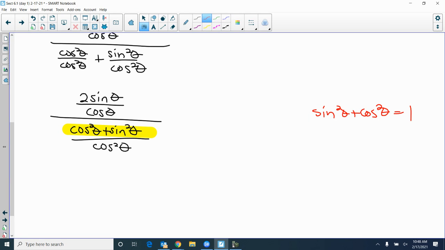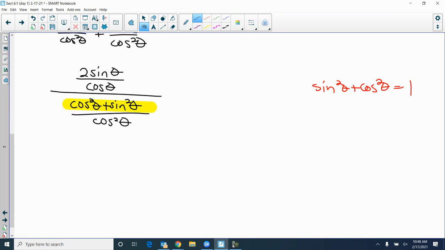So all right, there are times you can do 2 steps in one as long as it's logical. I'm going to do that here. I'm going to make this 2 sine of theta over cosine of theta times, I'm going to flip that and make that 1. And so now we're back where we were, right? It's exactly the same spot. That cancels with that.